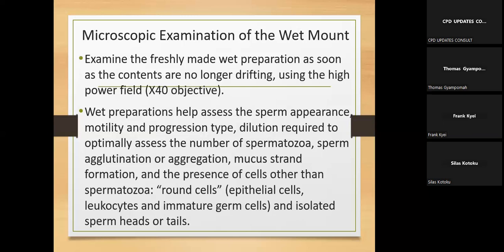And that's why standardization is very, very important. If you do it the standard way that we are taking you through, then if the person should go and repeat the semen analysis anywhere in the world, there will be no variation.